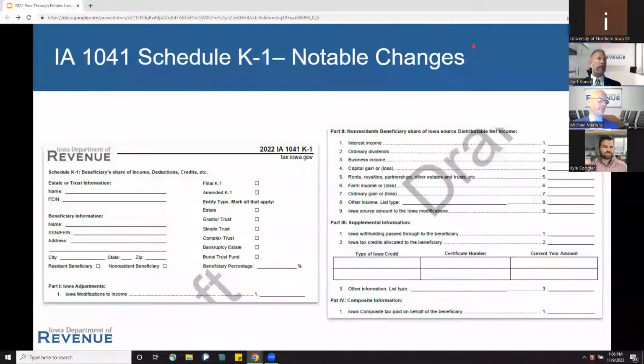The information on the left-hand side, name, address, really just has the basic information about the beneficiary and the name of the trust. But part one is important.